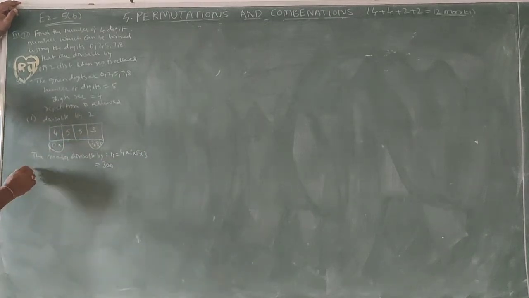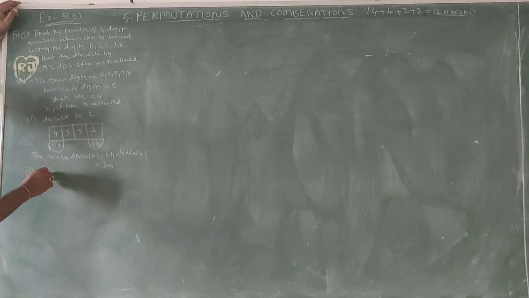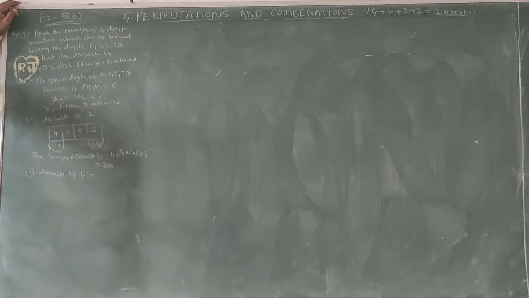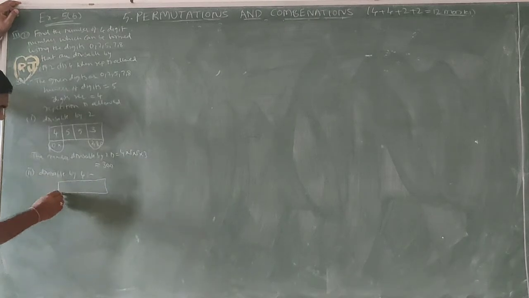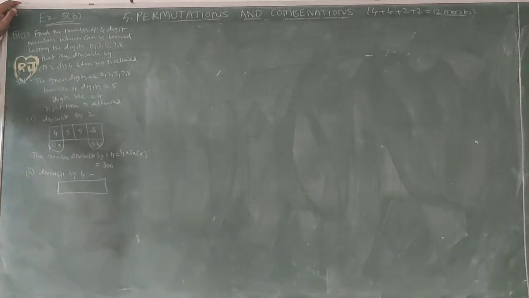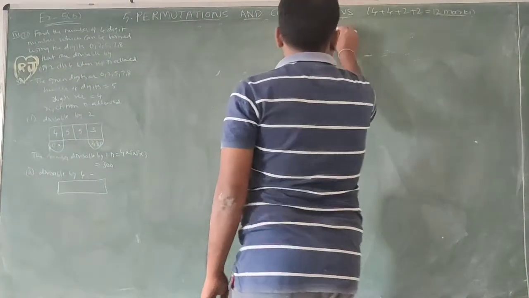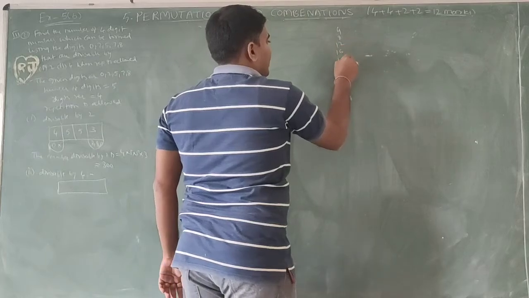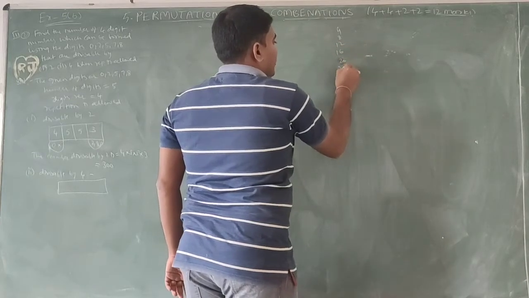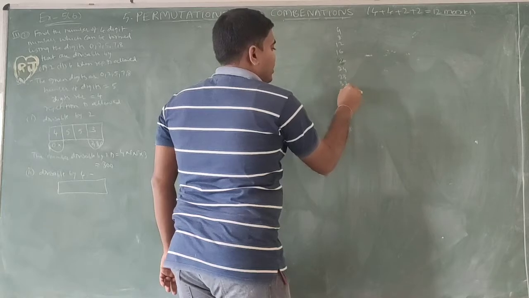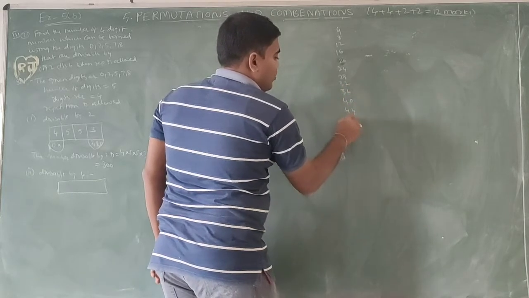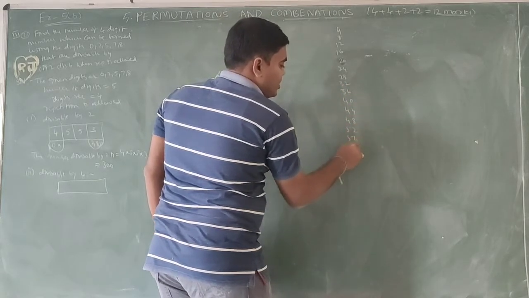Okay. Next, divisible by 4. So again, if we are observing, here there exist 2 cases, because what is the 4 table? 4, 8, 12, 16, 20, 24, 28, 32, 36, 40, 44, 48, 52, 56, 60.